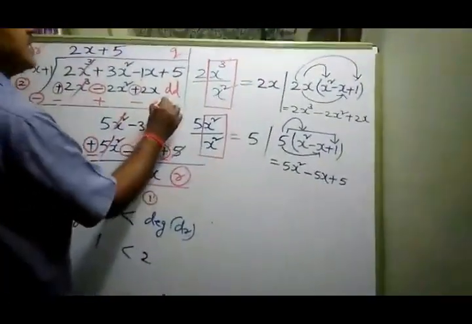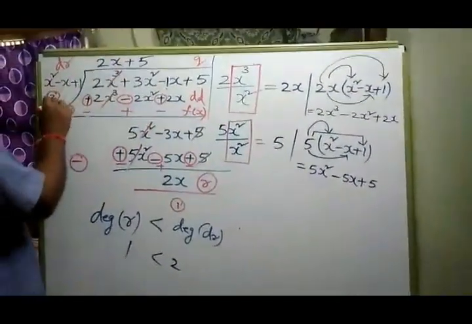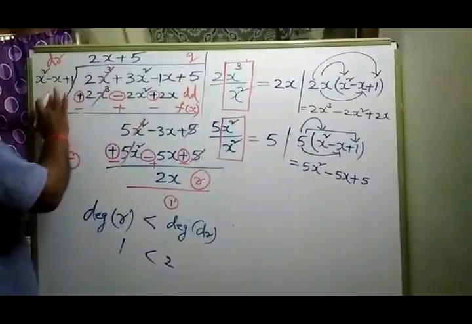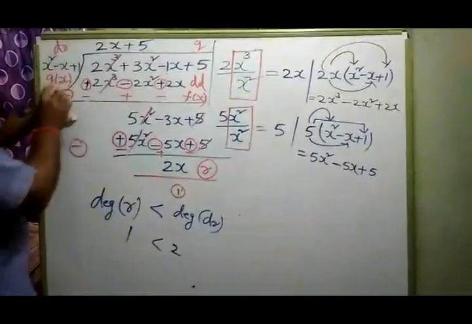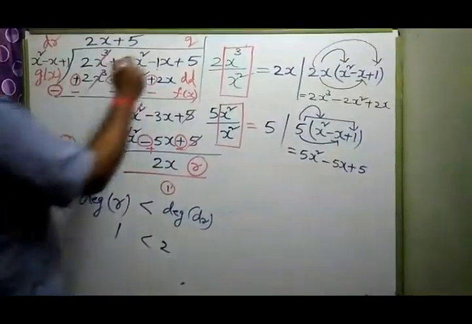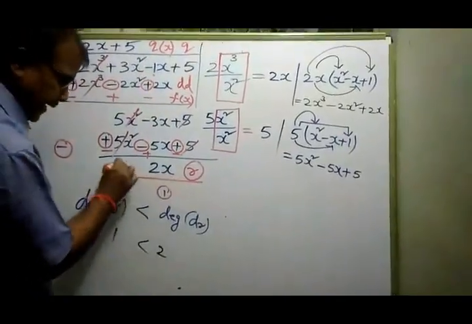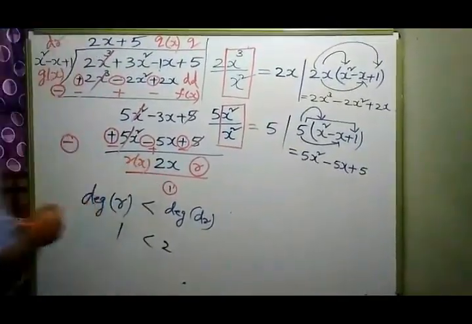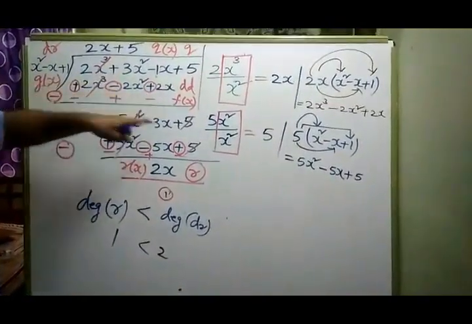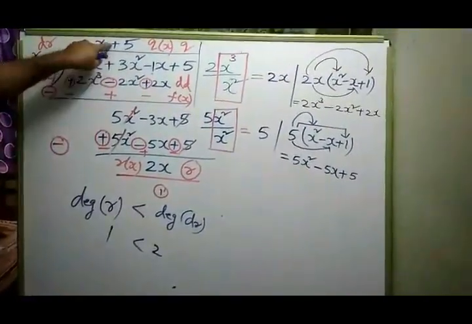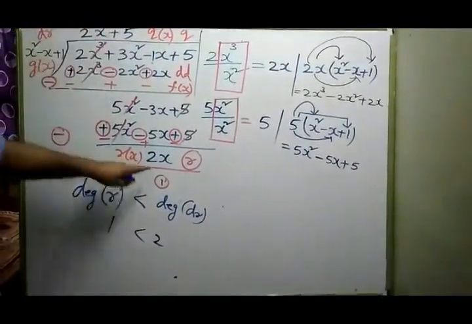This is f of x, this is g of x, this is the quotient q of x, remainder r of x. Dividend, divisor, quotient, remainder: f of x, g of x, q of x, r of x.